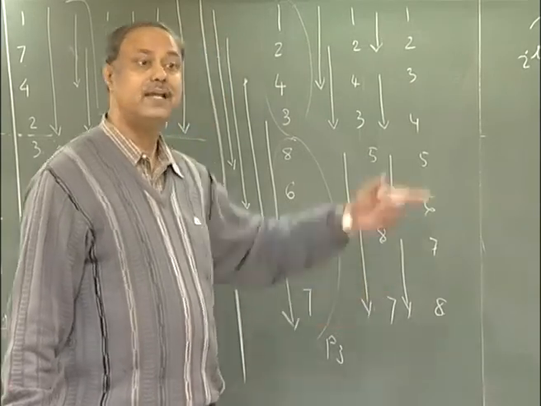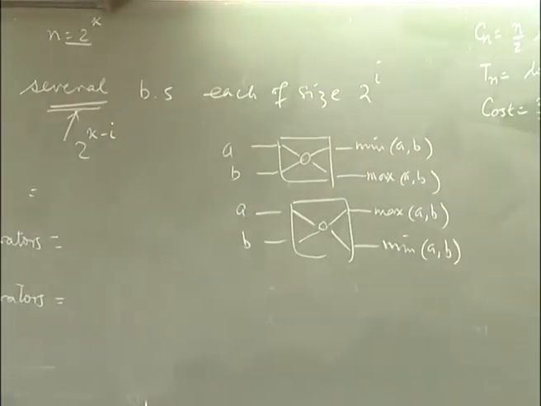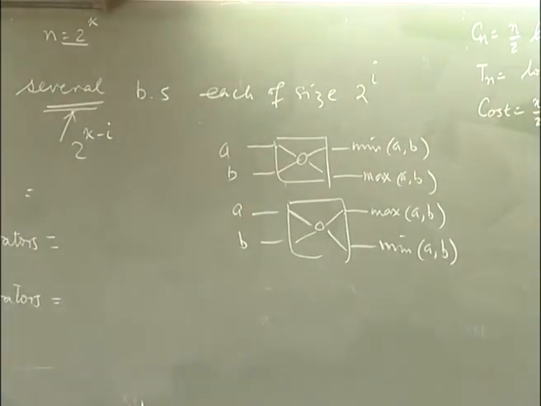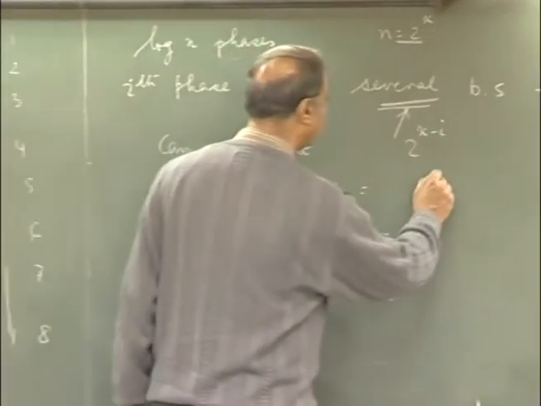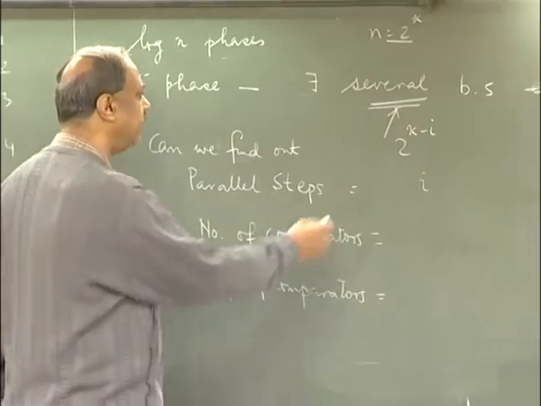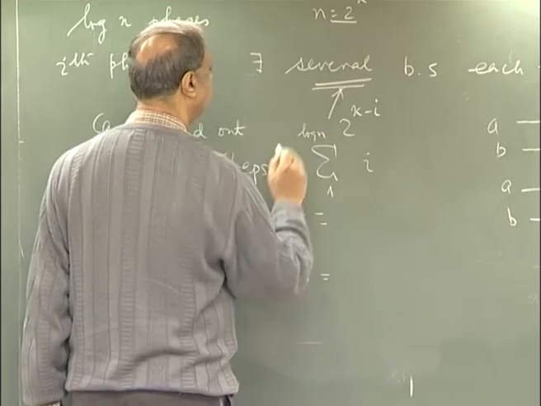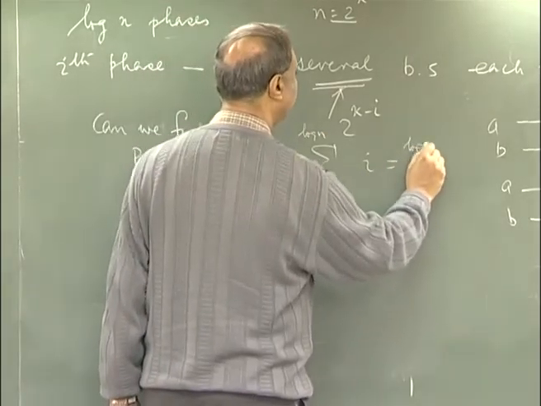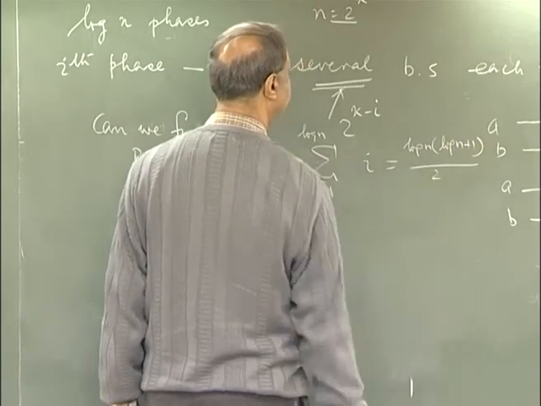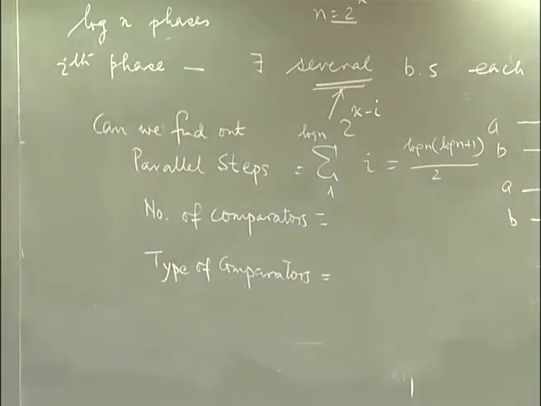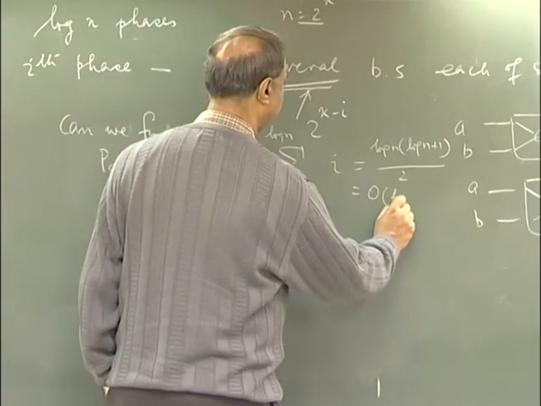They are a bitonic sequence, and you are making 3 parallel steps. At the ith phase, you are making i parallel steps. Agreed? So, i parallel steps at the ith stage. How many i? i is 1 to log n. So it is log n into log n plus 1 by 2, which is order log square n. So the number of parallel steps is order log square n.